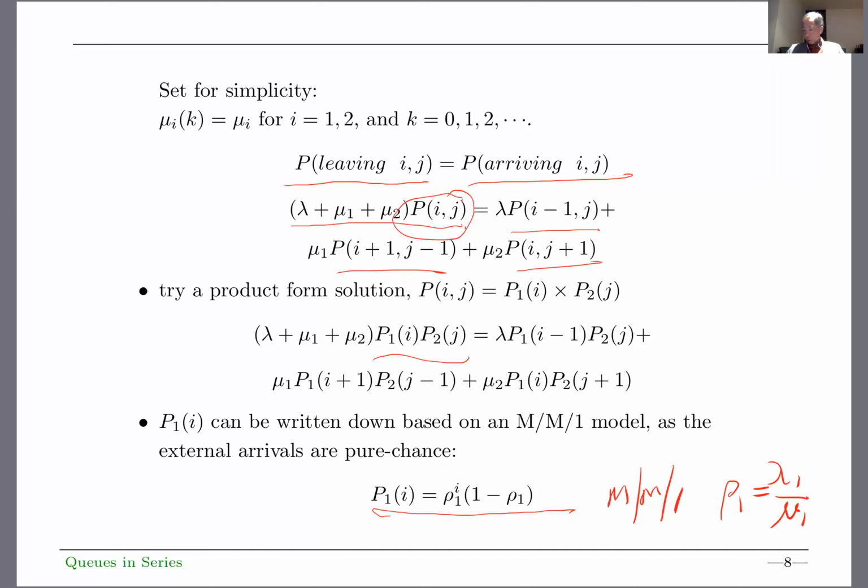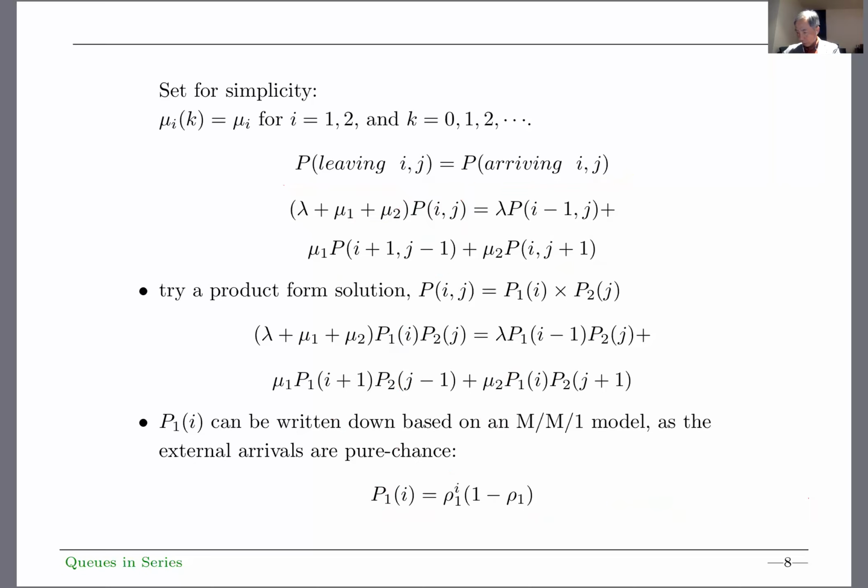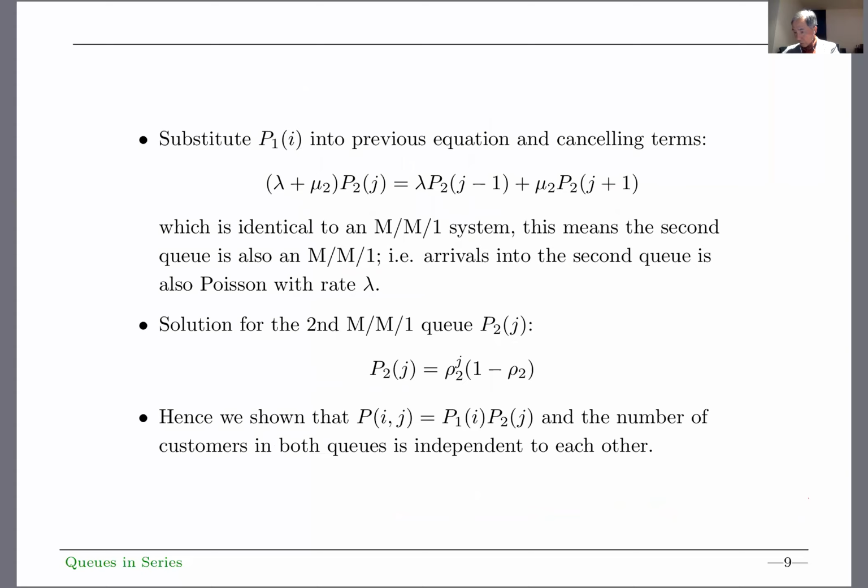So with that, you substitute that result into here. If you do that, then what you have is cancellation, and then you will have this result left over.